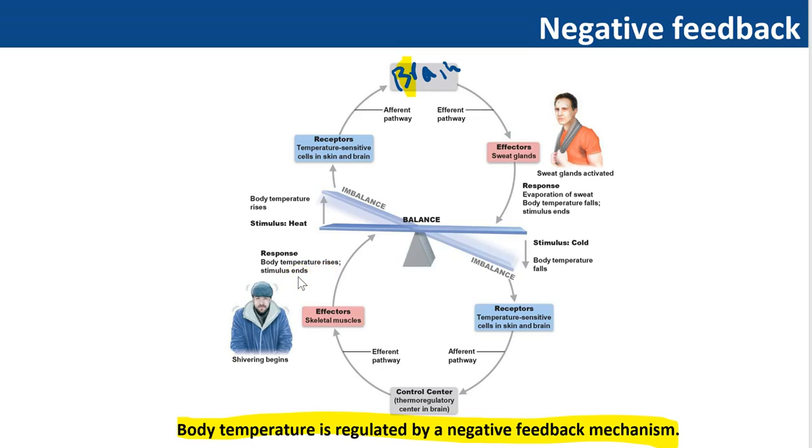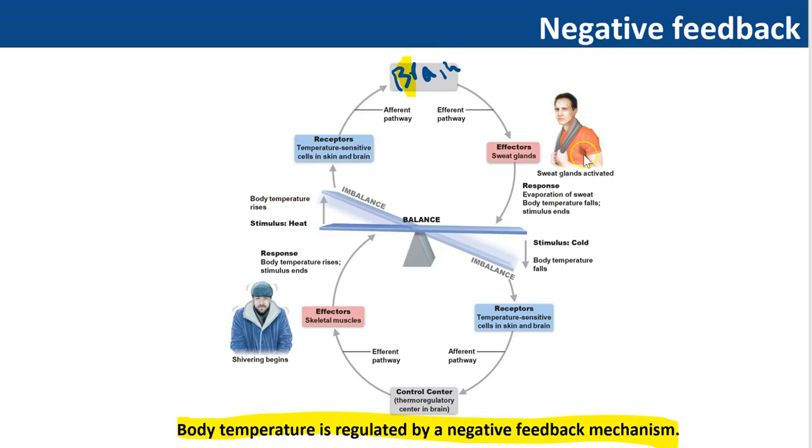This is an example of negative feedback. And as you can see, our body temperature is regulated by a negative feedback mechanism. In this way, the response reduces the stimulus.